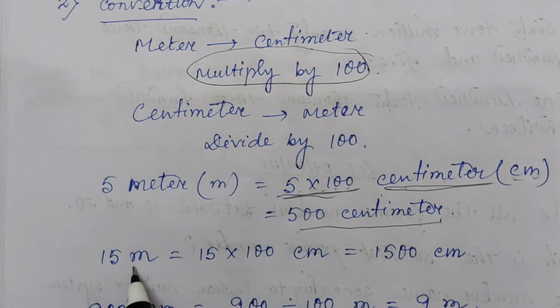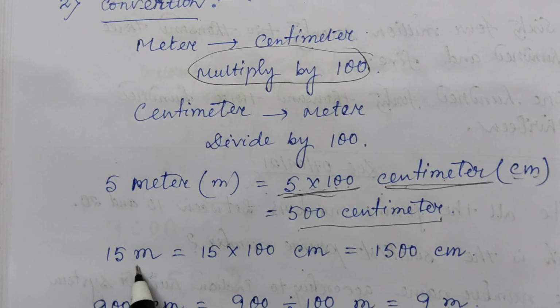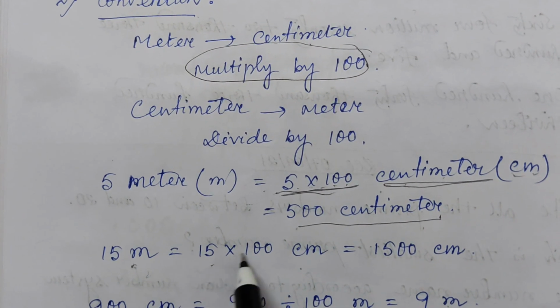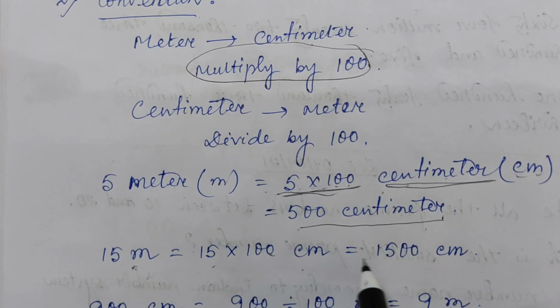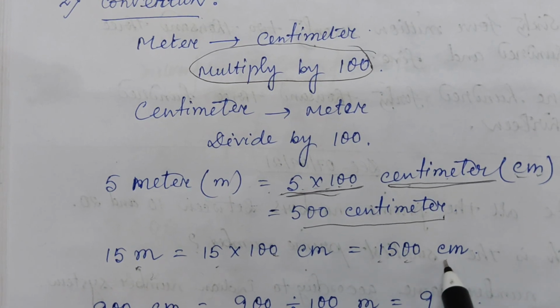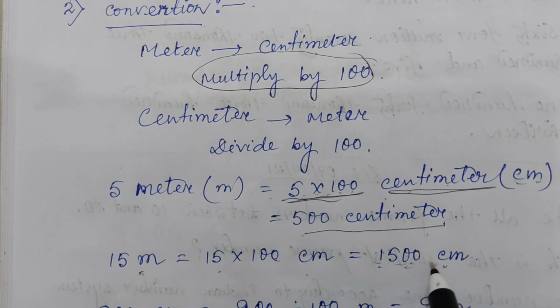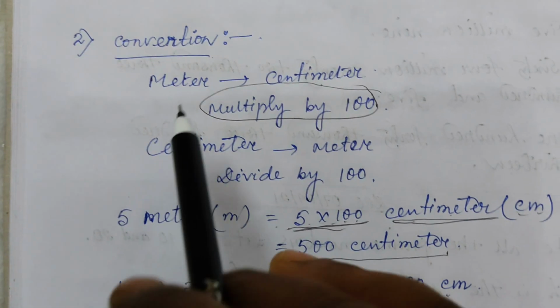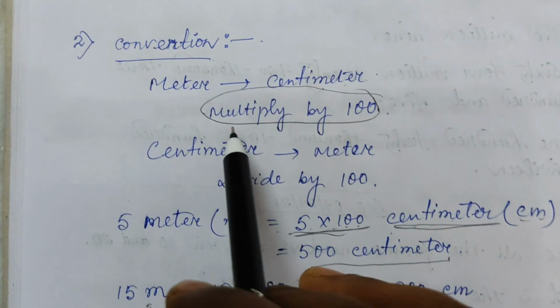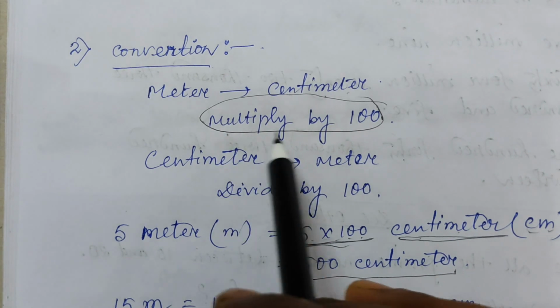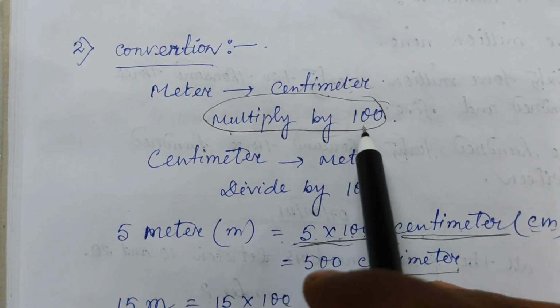Similarly, 15 meter equals 15 into 100 centimeter, that is 1500 centimeter. So from meter to centimeter, you have to multiply by 100.